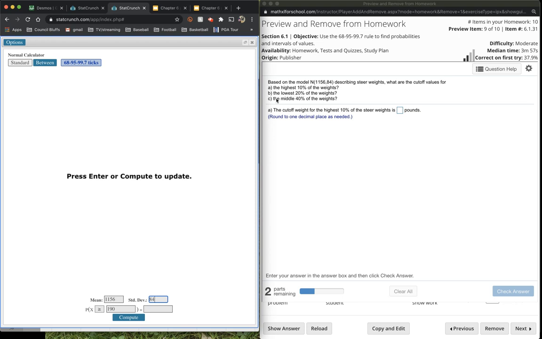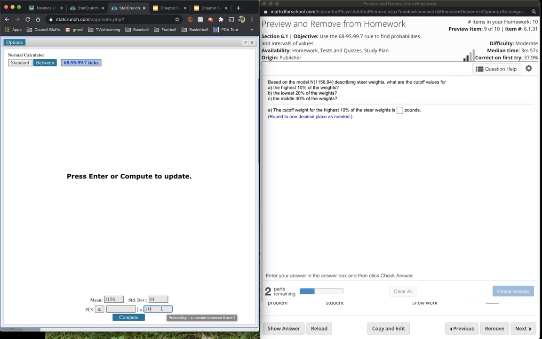And we want the highest 10%. So, which means I want this to be greater than for highest. Okay. And I'm going to put 10% as a decimal. So 0.10 after the equal sign. So this is what I'm going to enter right here. Okay. Mean, standard deviation, make this greater than because it's highest.